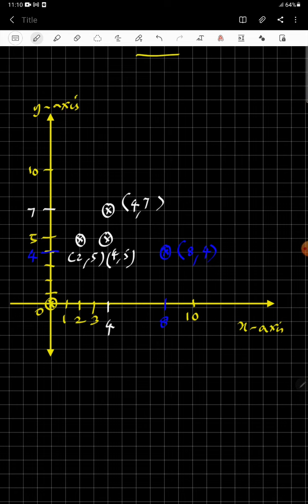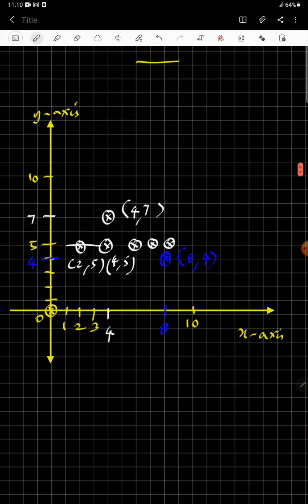If you go on taking the points on this particular line, then what is happening on this line? If I take this point, for example, then x is 13, but the y value is 5. If you take this point, it is 8 comma 5.